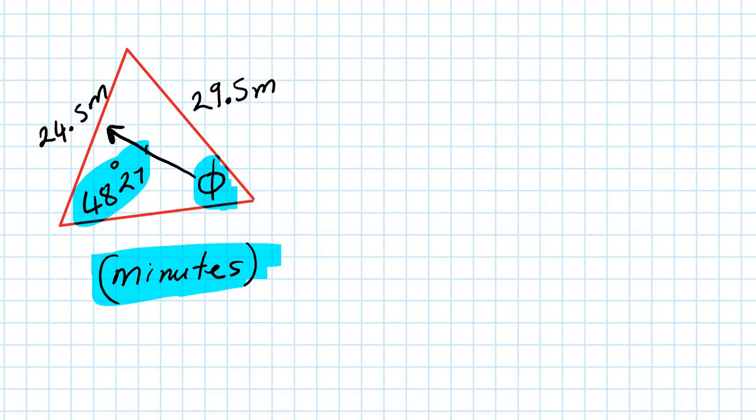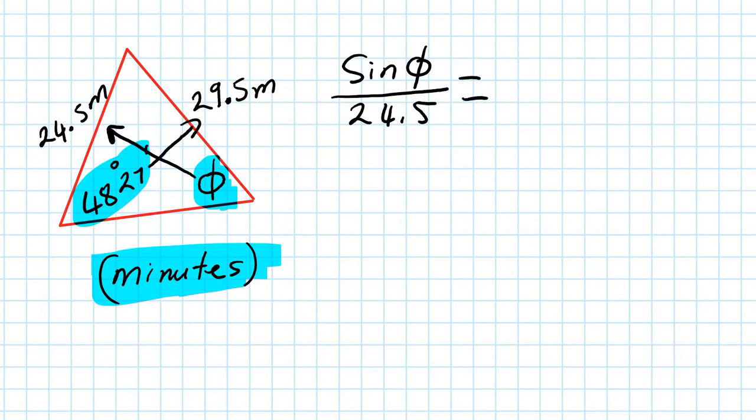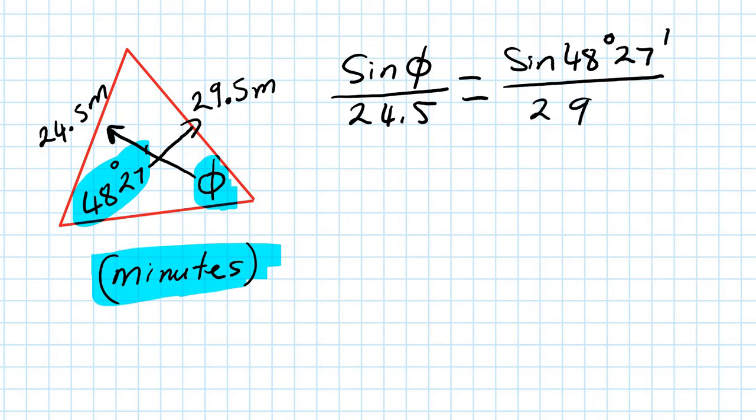So we write it down: sine of this angle phi over 24.5 is equal to sine of 48 degrees 27 minutes over 29.5, the opposite of this angle as well.